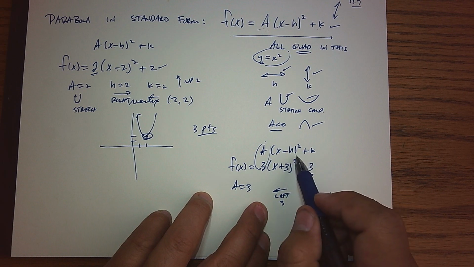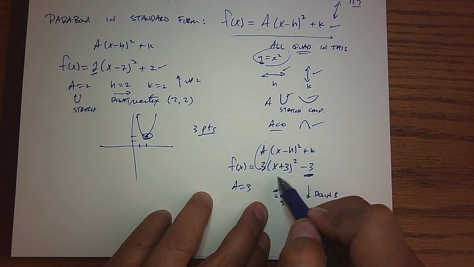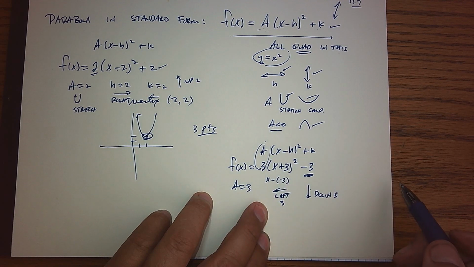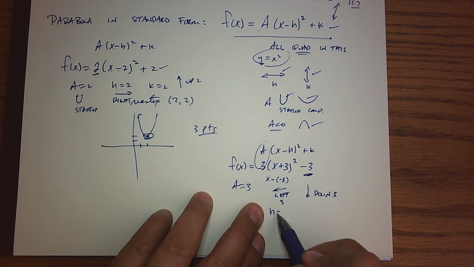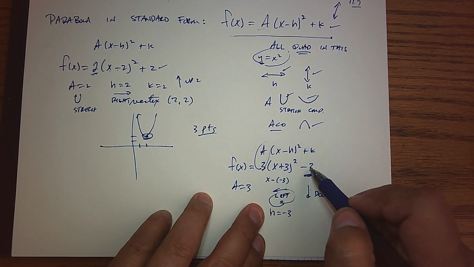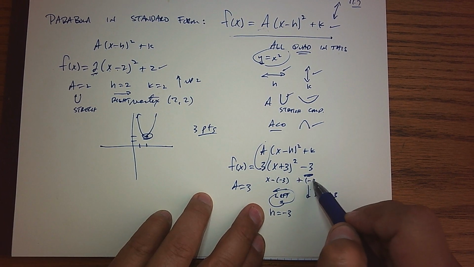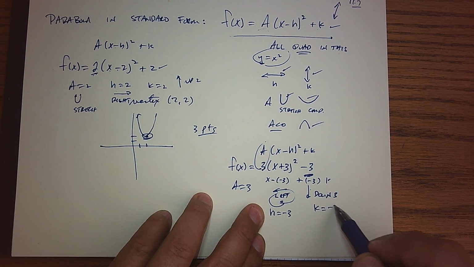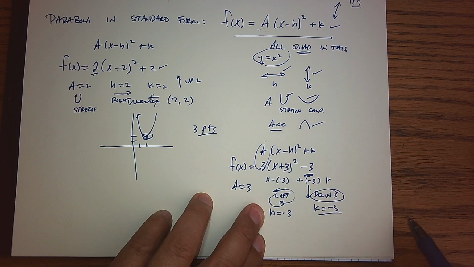But in terms of the formula, we're still consistent, because x minus h, we can rewrite as x minus negative 3. And so we can see that h is negative 3, which matches the shift to the left. Here we can rewrite this part as plus negative 3. And so that tells us that k is negative 3 to match the shifting down.